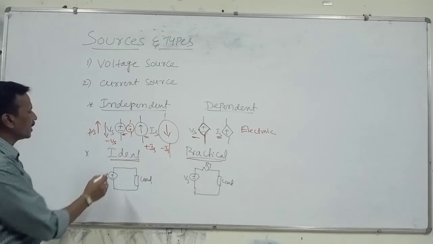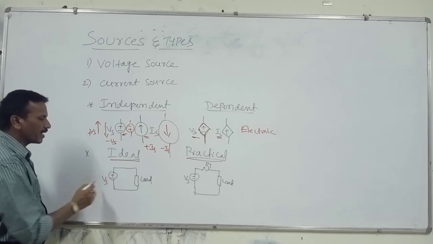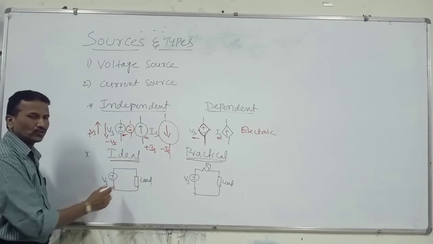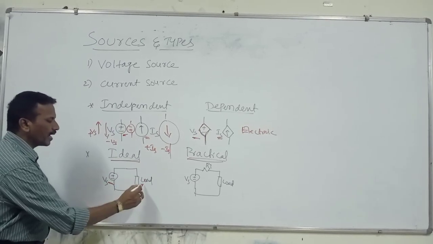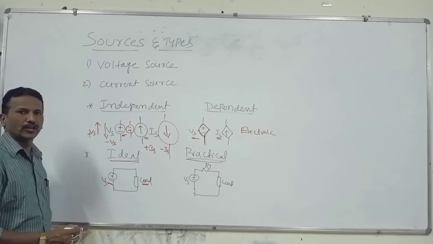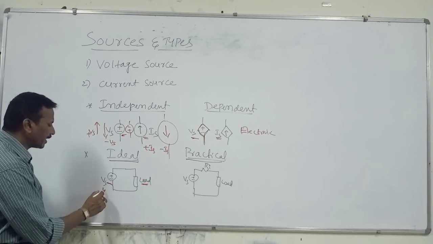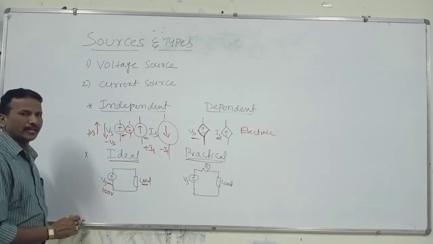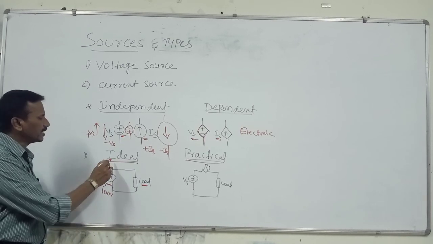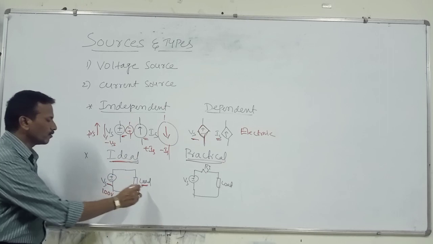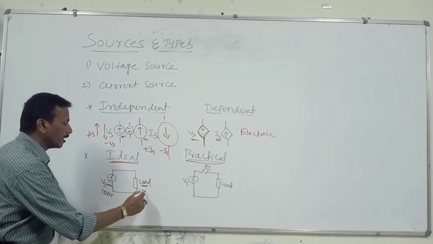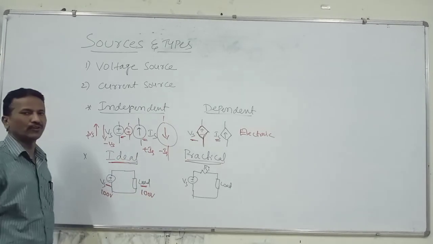To understand this, I am taking a voltage source as an ideal source. This is my input, and across this one is the output. Suppose I take a voltage input of 100 volts, in ideal condition. Then across the load it will also be the same 100 volts.